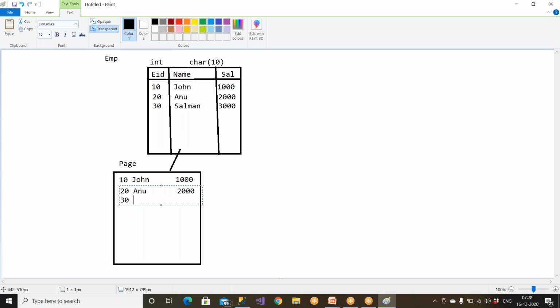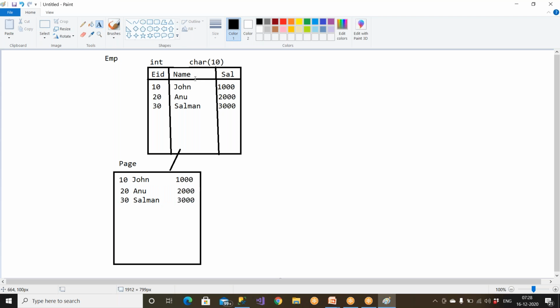Then 30, Salman. Okay, you have 6, 7, 8, 9, 10. Then 3,000 is going to be stored. Clear? So when you have character data, SQL Server is leaving 10 bytes for each and every piece of data and storing the data.